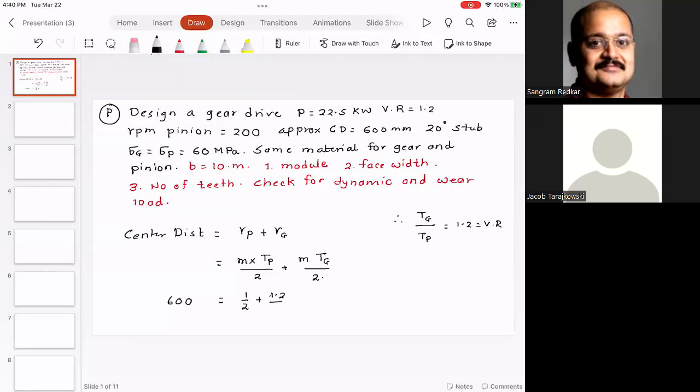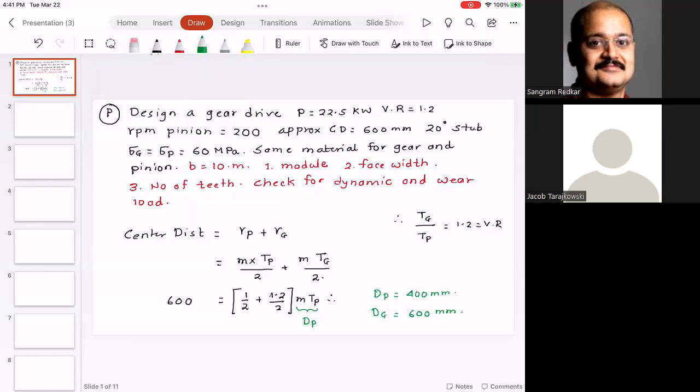So 1.2 divided by 2, M times TP is dP. So you get dP is equal to 400 millimeters, and you get dG is equal to 600 millimeters.